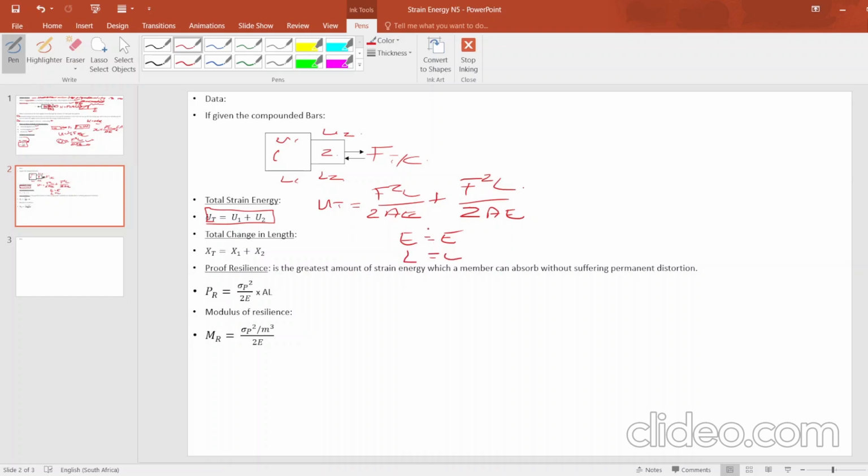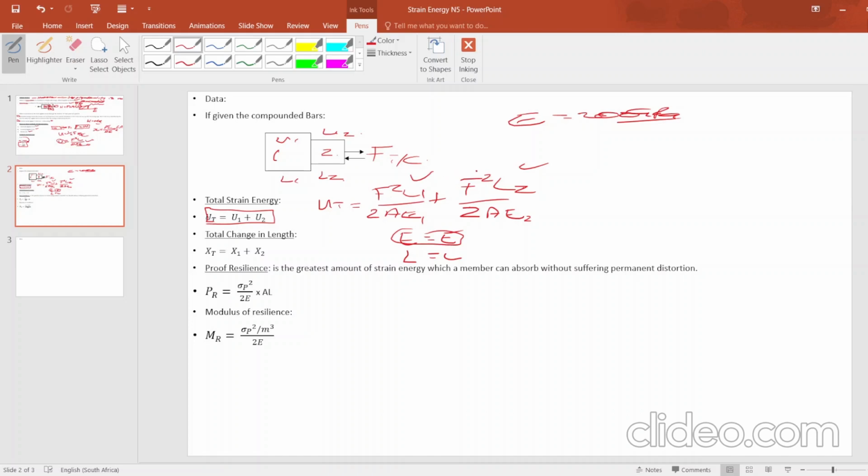But if the length is not the same, then you have length 1, length 2. If the Young's modulus is not the same, then you'll have E1 and E2. But if they are of the same material, then this is applicable. If you are given E as 200 gigapascal, that means for unit 1 you'll have 200 gigapascal, unit 2 you'll have 200 gigapascal, all right?